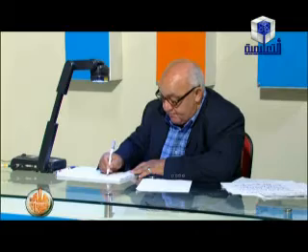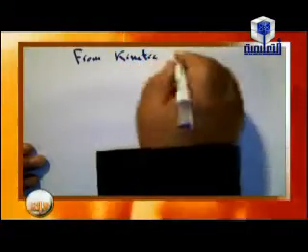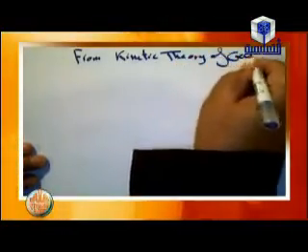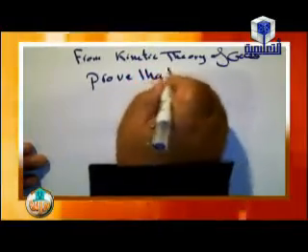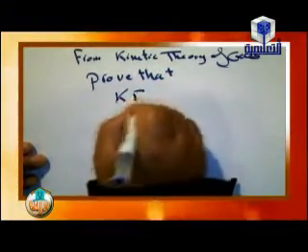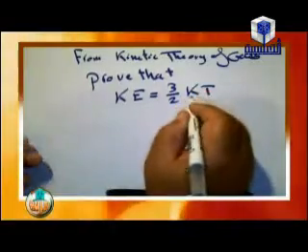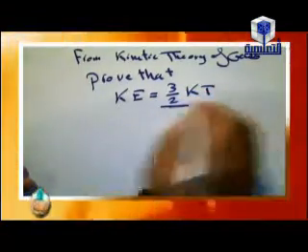Let's move to another question. From the kinetic theory of gases, prove that KE equals 3 over 2 kT, where k is the Boltzmann constant and T is the temperature in Kelvin.